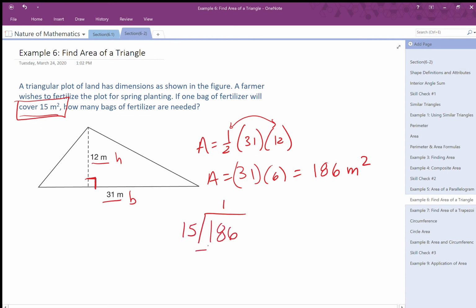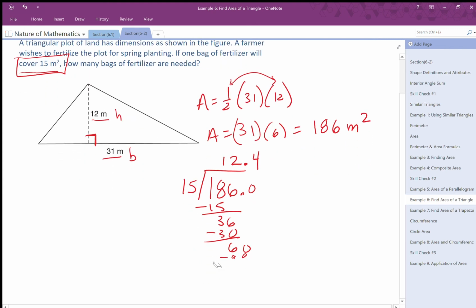That's 2 times 15 is 30, and 4 times 15 gives us 60. So 12.4 bags of fertilizer.